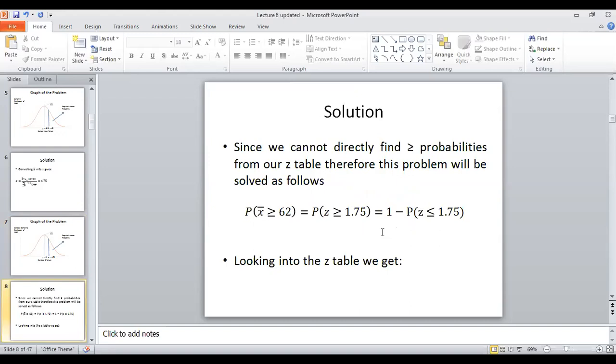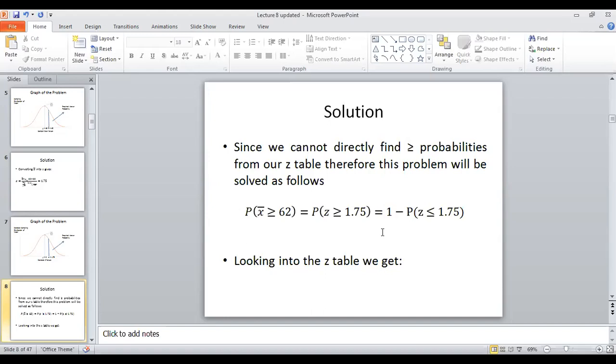Since we cannot directly find the greater than probabilities from the table given to us, this problem can be solved in this way: the probability of x bar greater than or equal to 62 is the same as the probability of z greater than or equal to 1.75, which is the same as 1 minus the probability of z less than or equal to 1.75. We know that the whole area of a normal distribution is equal to 1, which shows the total sum of the probabilities, which is 100%.